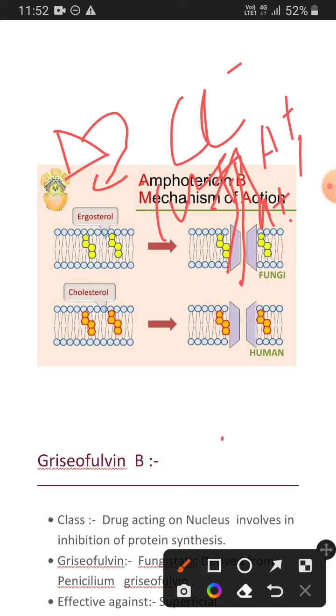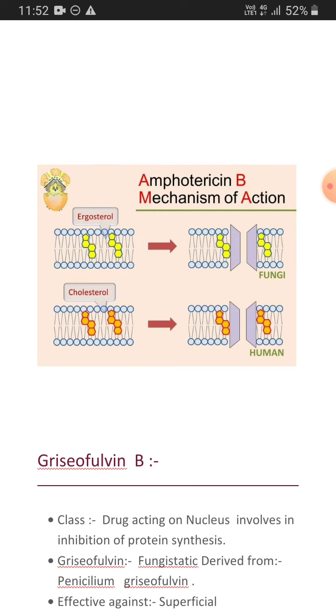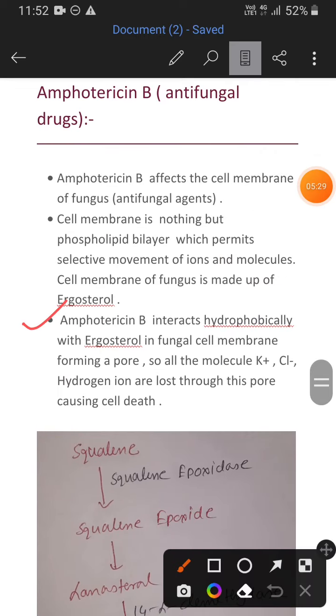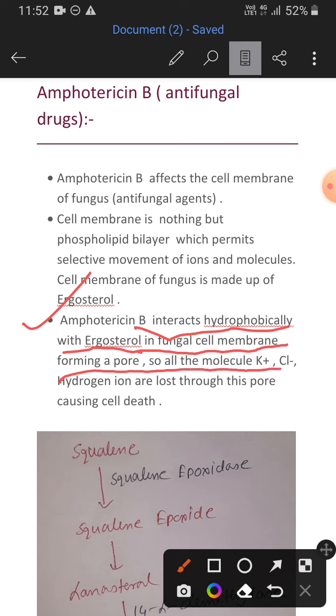That is how amphotericin B works. Look at this point: amphotericin B interacts hydrophobically with ergosterol in the fungal cell membrane, forming a pore so that K plus, Cl minus and hydrogen ions are lost through this pore, causing cell death. That is the idea of amphotericin B.